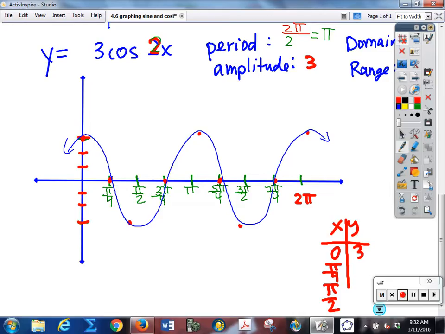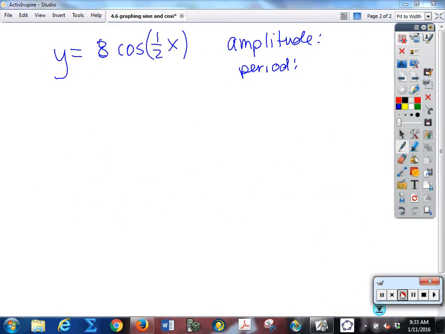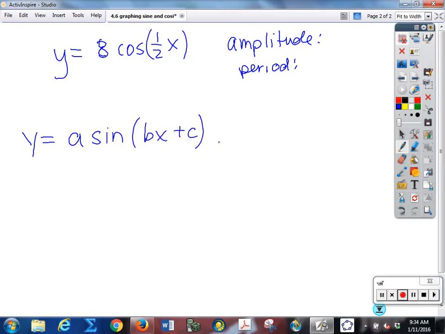This one, remember, this is kind of the rule if you want to write it down. If you have an a sine bx plus c, and then I guess you could have something added out front. So you could have a number in front of the function, something in front of the x, something added on in there, and something added out front.